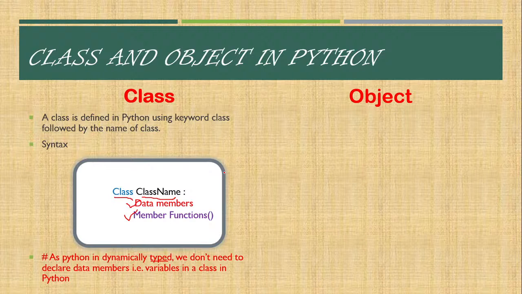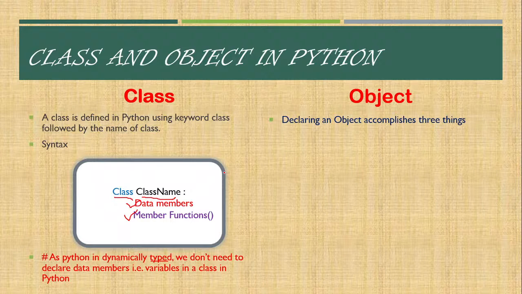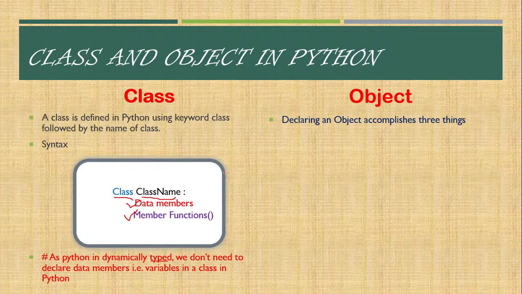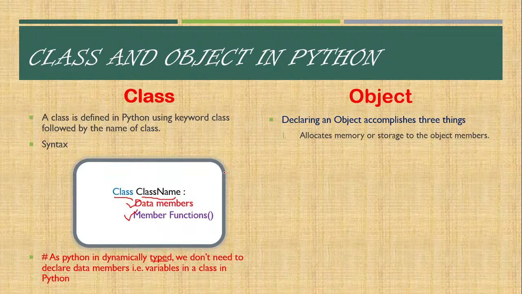The interpreter itself will understand the data type depending upon the type of data provided to a particular variable. This is the basic difference if you have already studied some programming language.